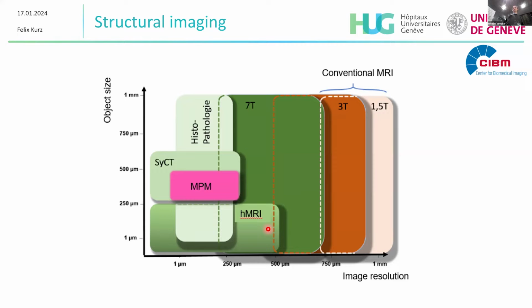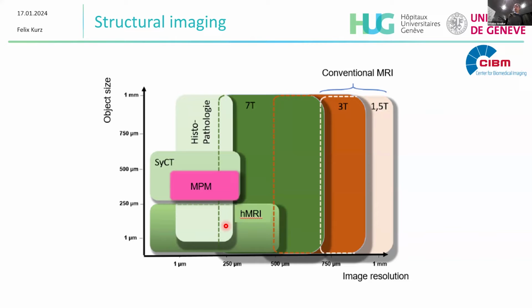So what we've been working on, first of all, are correlative approaches. And when you look at these images, you see that in conventional MRI in clinical hospitals, we use 1.5 and 3T, and now the 7T, obviously, here in Geneva. But with these still high field, but less than ultra-high field methods, we have resolution that goes usually down to 0.7 millimeters.